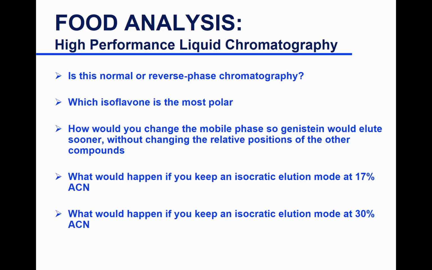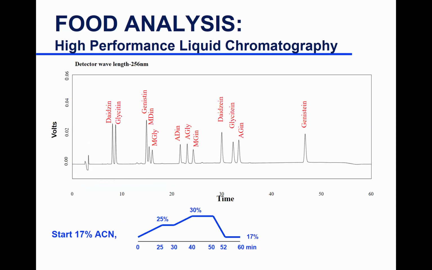What would happen if you keep an isocratic elution at 30% acetonitrile? What happens if we start from the beginning at 30% acetonitrile? Think about it. Does it have terrible resolution because everything would just come out super fast?